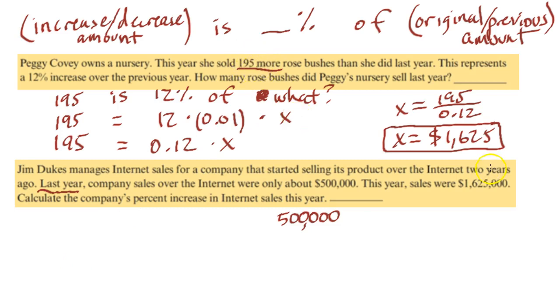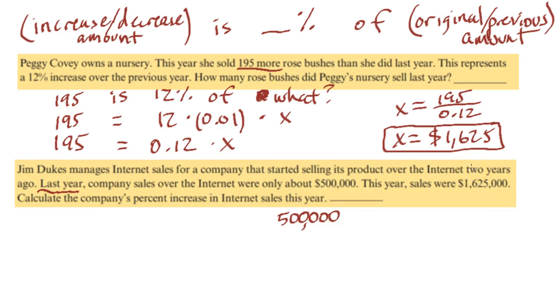As I mentioned before, we may be given the amount it increased or decreased in the problem, or sometimes we have to actually calculate it. So for the amount that is increased, in this case increased, the previous year's was 500,000, this year's is this amount, so we have to subtract 500,000 from 1,625,000.